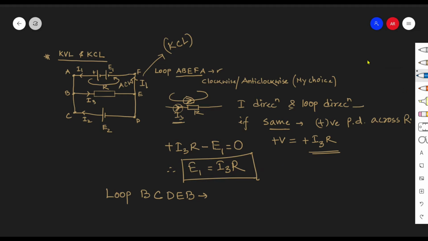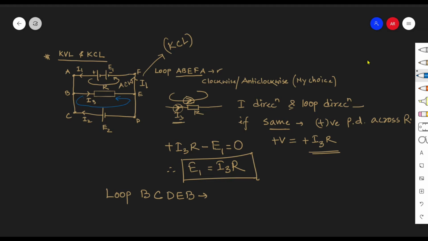The way we draw the loop, we start from B, it goes to C, then to D, E, reaching back to B. So the loop here is again anticlockwise. Again I chose an anticlockwise loop, but I can choose either clockwise or anticlockwise.